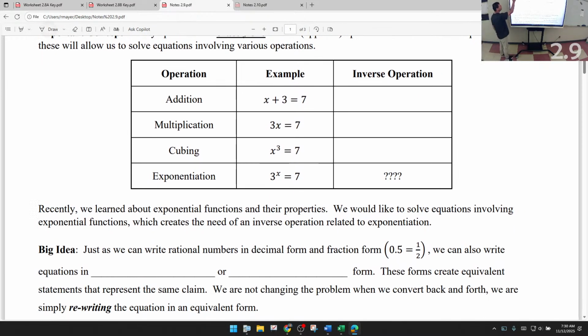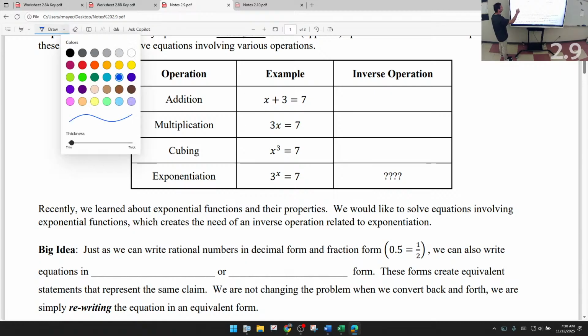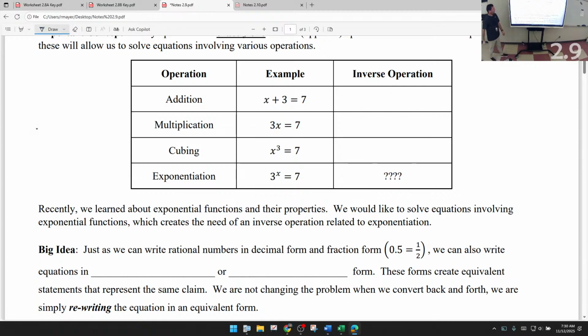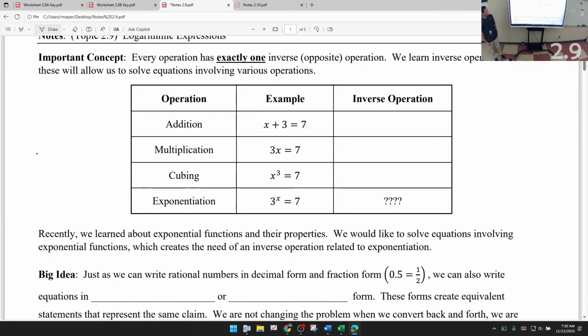Every operation has exactly one inverse or opposite. That's actually what they said. We learn inverse operations because this will allow us to solve equations using various operations.